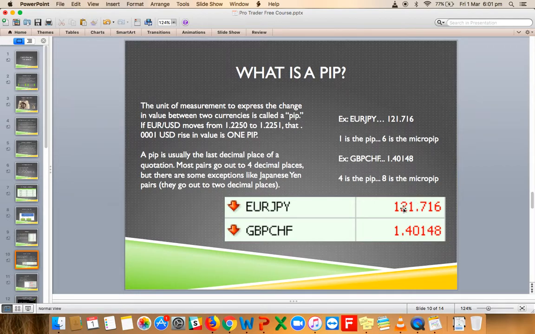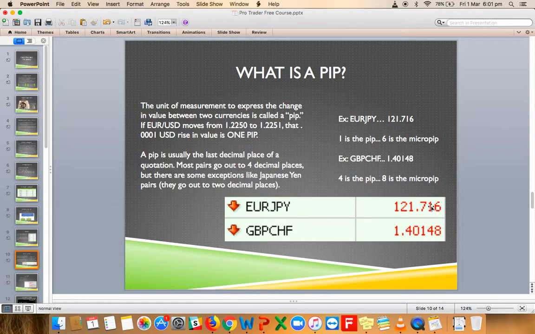When it's a JPY pair, Euro JPY, if this currency is to step up by, let's say, 5 pips, what you're going to get now is 121.76. Why? Because the 71, you'll be adding 5 to it to get 76. If it's to drop by 2 pips, automatically you have 121.69.